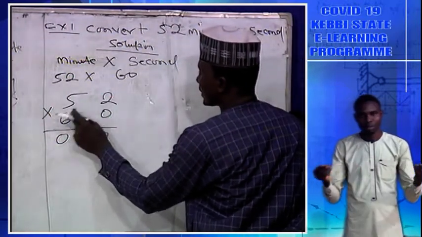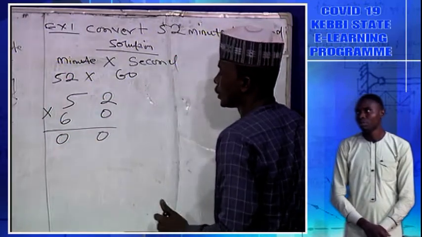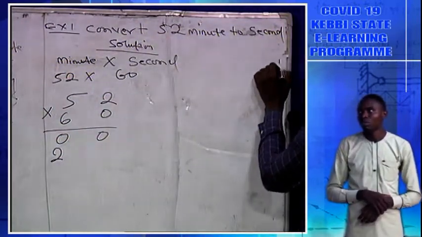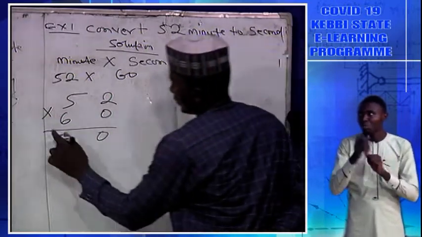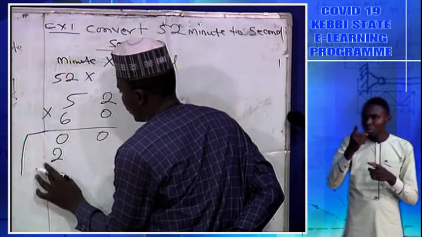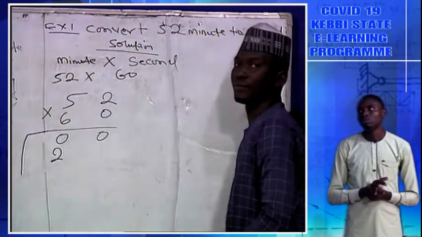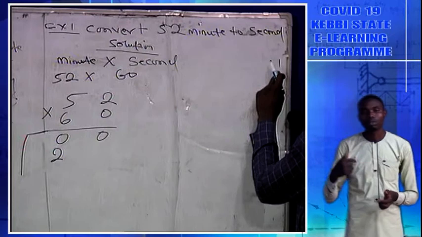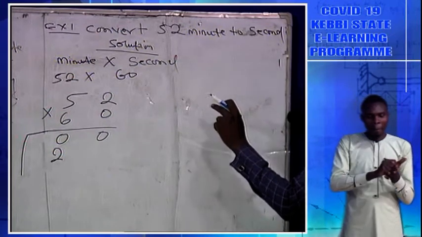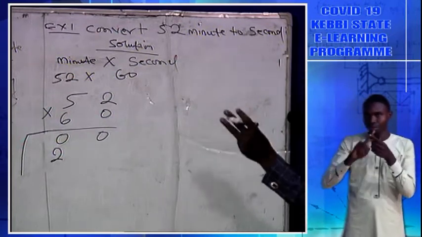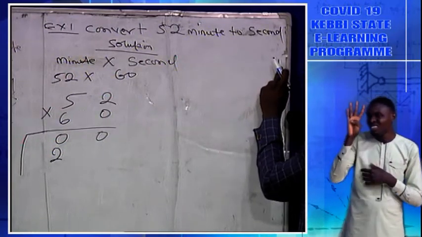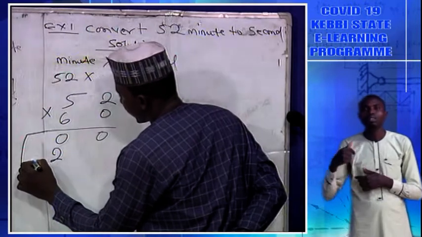Now, 6 times 2 is 12. We have to put 2 and carry 1. 6 times 5 is 30. 30 plus 1, that one we carried, is 31.